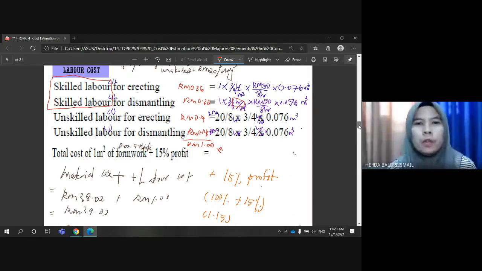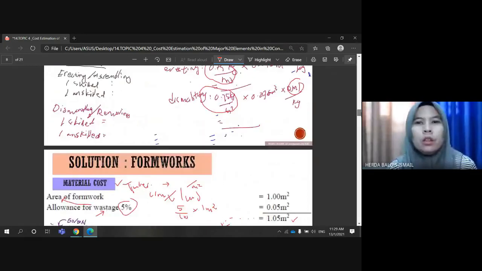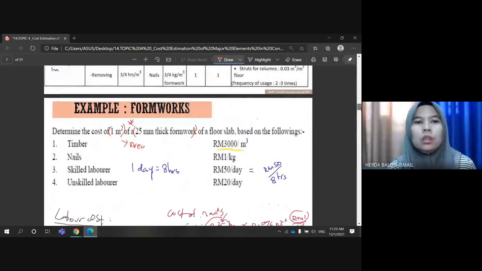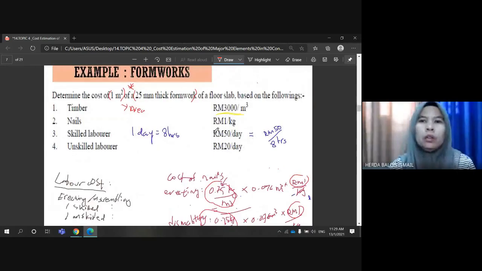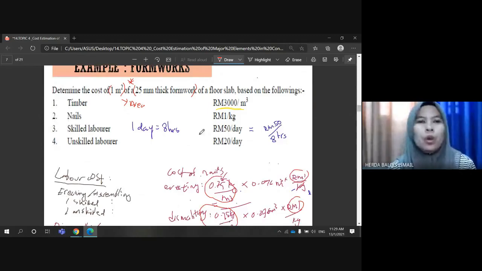In this question, the percentage of profit is not given, so we assume the profit is 15%.